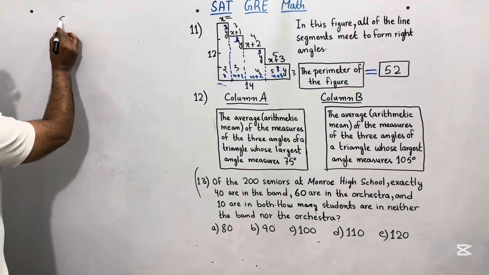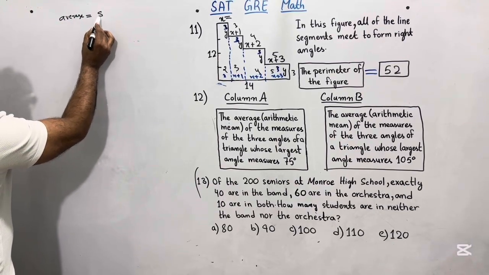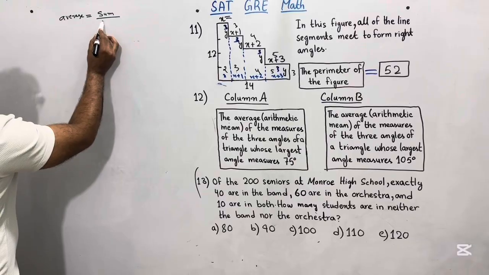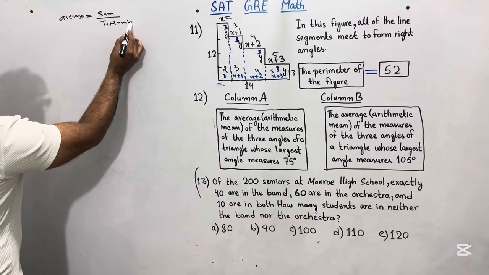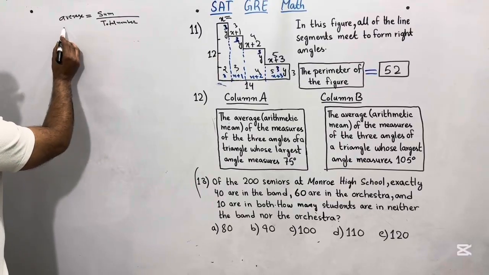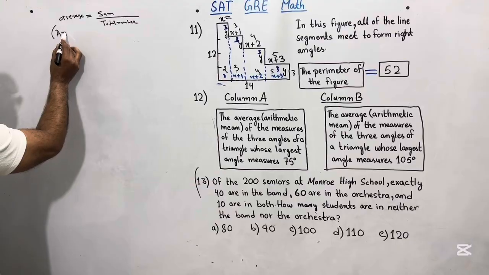Average is given by the sum of the quantities upon the total number of the quantities. Some people write it as arithmetic mean.